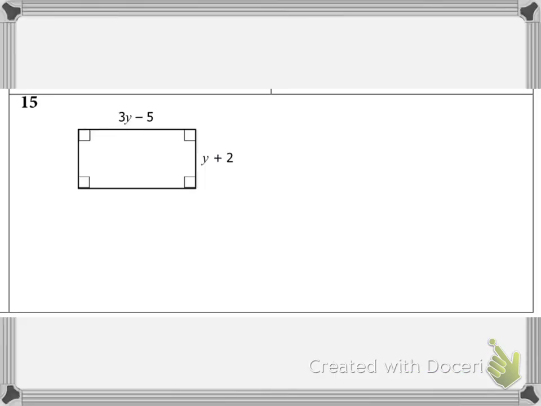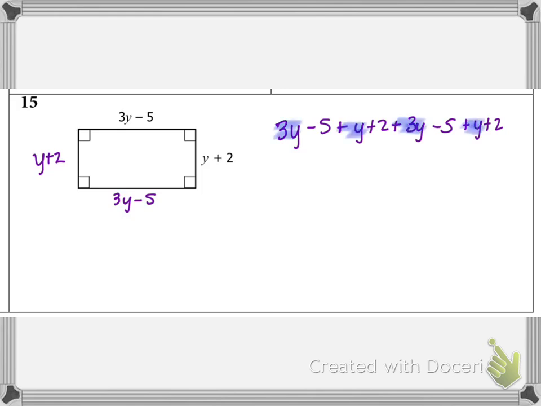Okay, last one. So here, perimeter, remember, with a rectangle, if this is y plus 2, this is also y plus 2. And if this is 3y minus 5, this is also 3y minus 5. So opposite sides are equal, are congruent. So we could write that twice over here. And now perimeter means add all sides. So we're just going to add all of those sides together and combine like terms.